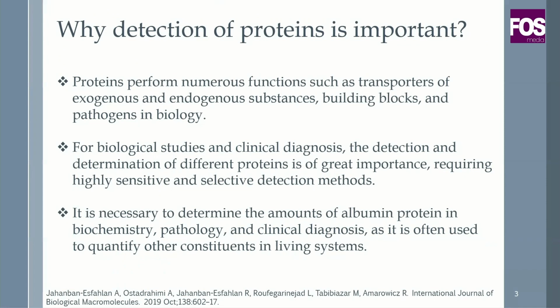For biological studies and clinical diagnosis, detection and determination of proteins is very important. For biochemistry, pathology, and clinical diagnosis, it is necessary to quantify the amounts of proteins in living systems. For all these, we require highly sensitive and selective detection methods.